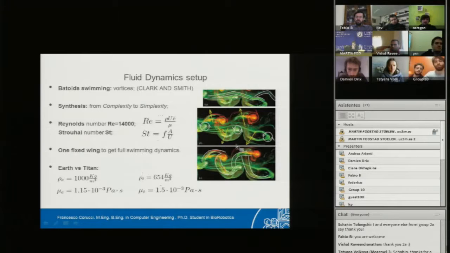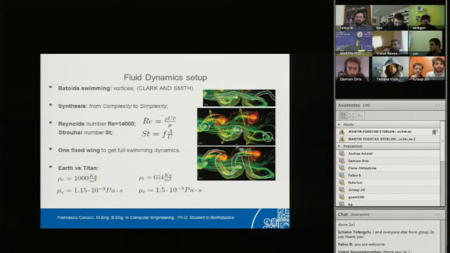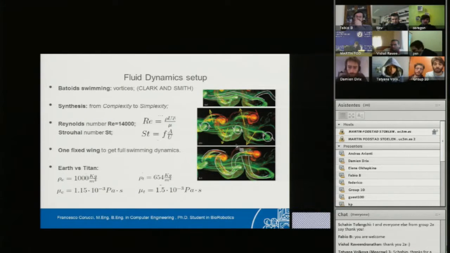So how to model this fluid dynamics setup? This was really challenging. We read a lot of literature, and from some studies, in particular one from Clark and Smith, we saw that the mechanisms underlying manta swimming are vortices. These are practically impossible to model in a simulator like Weebles because they can't be modeled by local interactions.